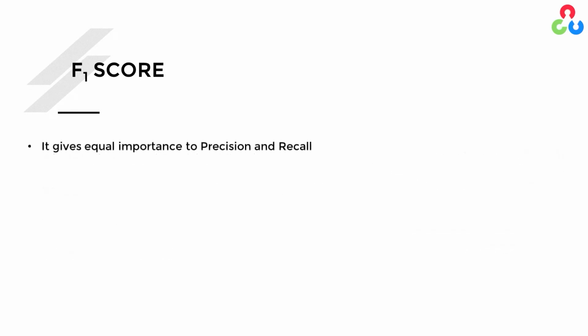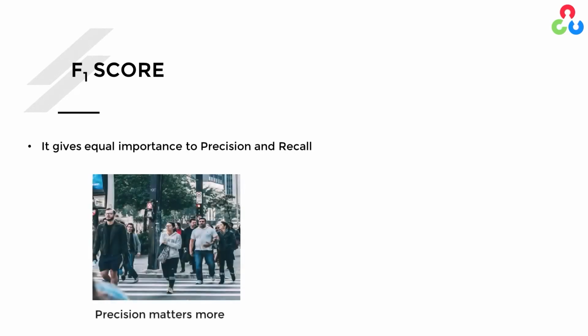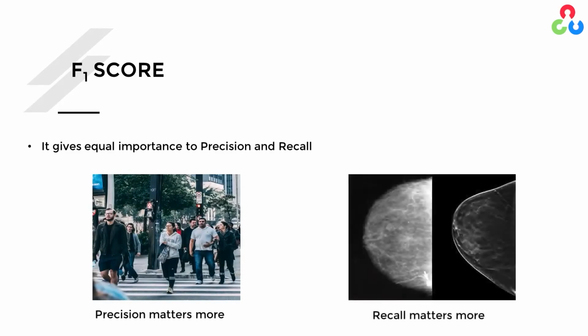There is a criticism of widespread use of the F1 score, though, since it gives equal importance to precision and recall. In practice, different types of misclassification incur different costs depending on the application. As we saw, in surveillance, precision matters more, and in medical analysis, recall is more important.